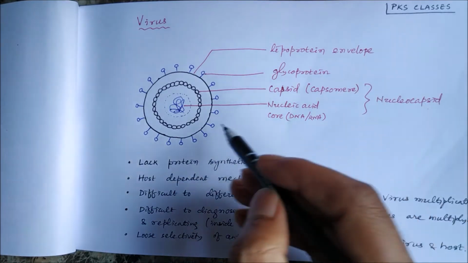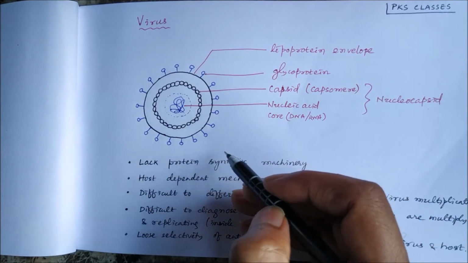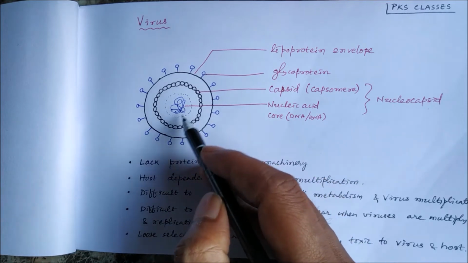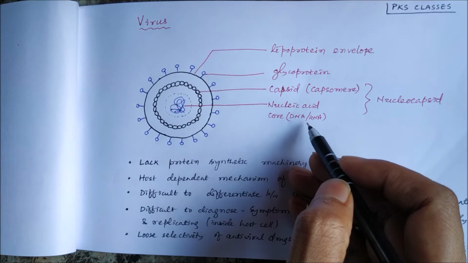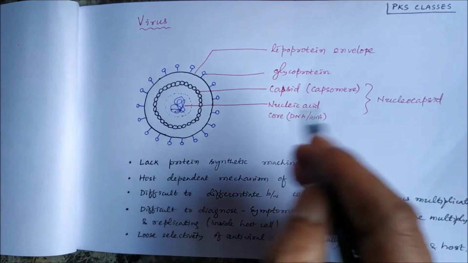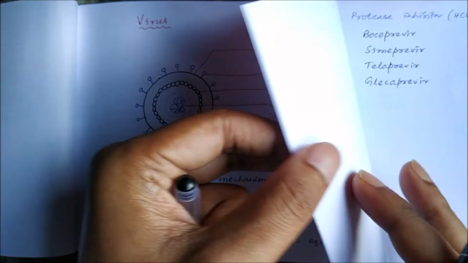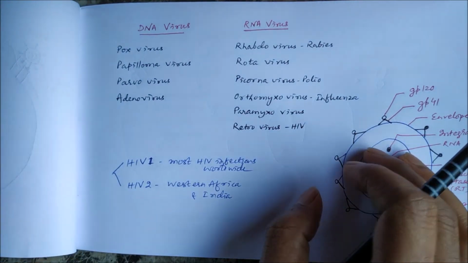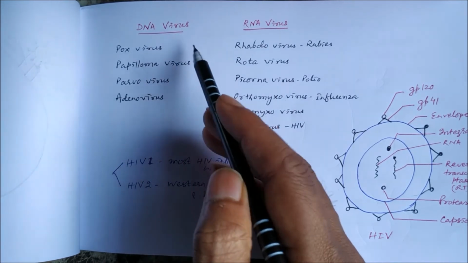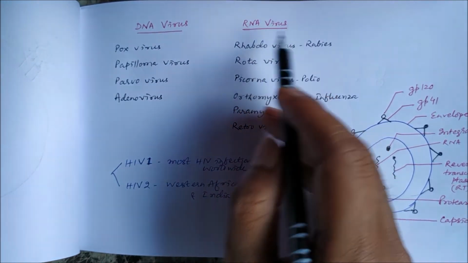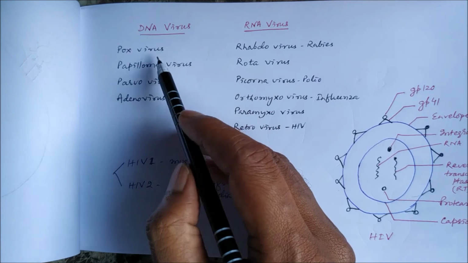And this nucleic acid core can be either DNA or RNA. Accordingly, the virus can be of two types, DNA virus and RNA virus. The virus which contains only DNA is DNA virus. The virus which contains only RNA is RNA virus.